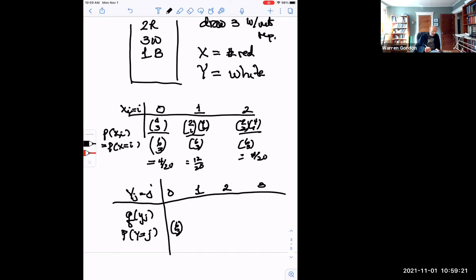And I'll just fill in the numbers here. You know how to do this. 3 choose 3, and that gives me 1/20. Here I get 3 choose 1, then 3 choose 2, which is 9/20.